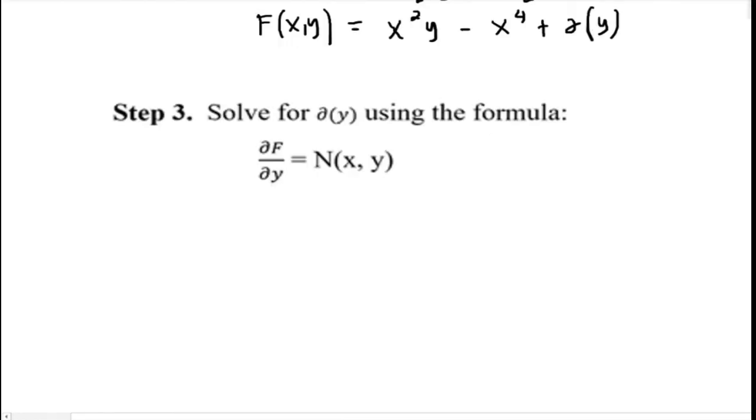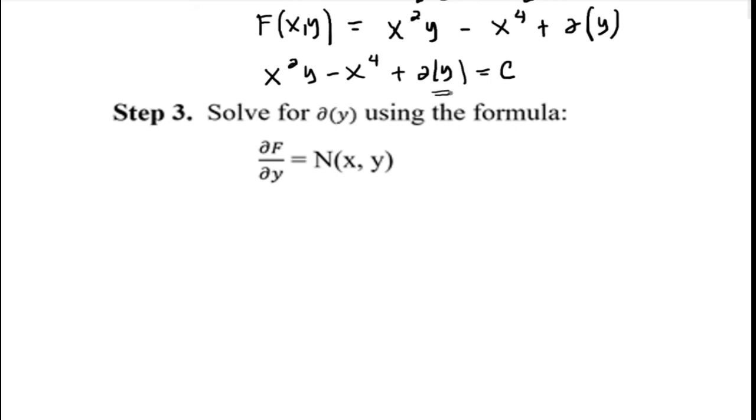The function obtained in step 2 is almost our final answer. We are just going to add the constant c. In particular, I'm going to write here the function x squared y minus x to the 4th plus the unknown function of y, then equate it to constant. And to solve this value for the unknown function of y, we will proceed to step 3.